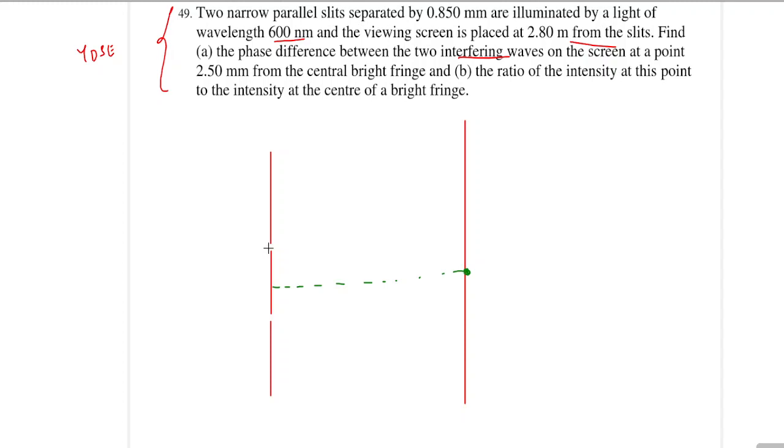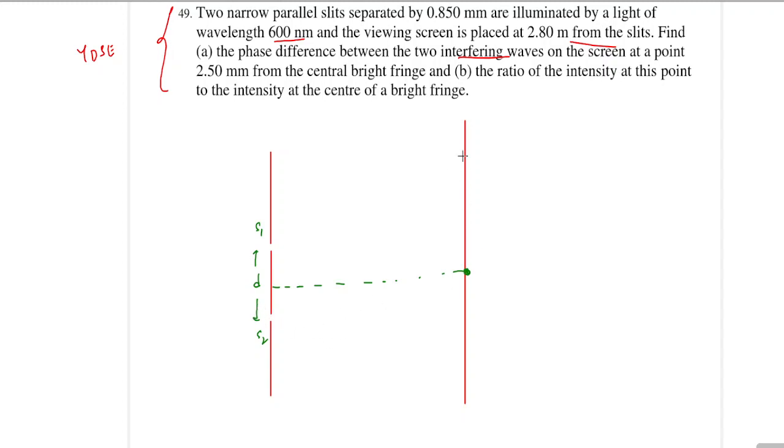The distance between the slit S1 and S2 is taken as small d. It is from center to center. It's a very small opening, so it's drawn like this, but it is from center to center. S1 and S2 are the slits, and capital D is the distance from the center of the slits to the screen.